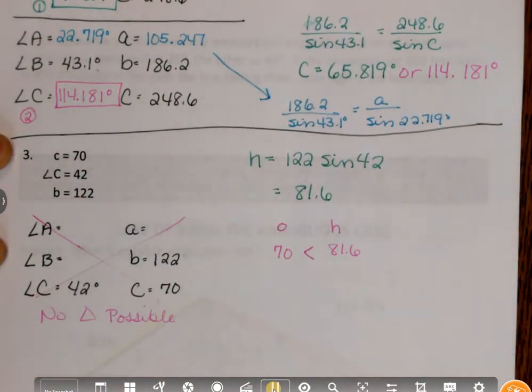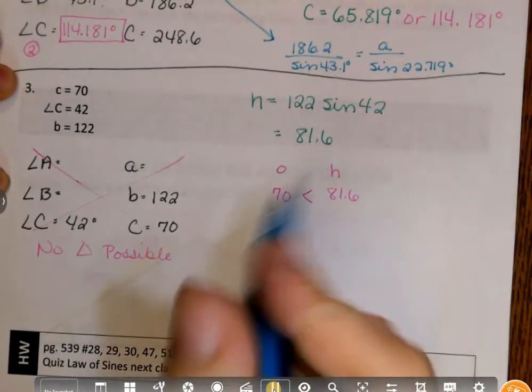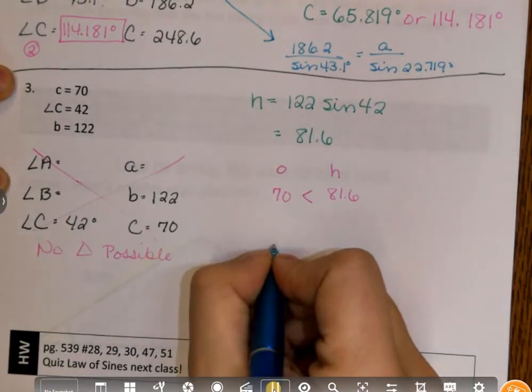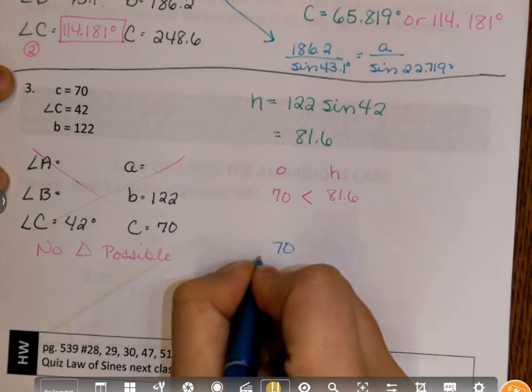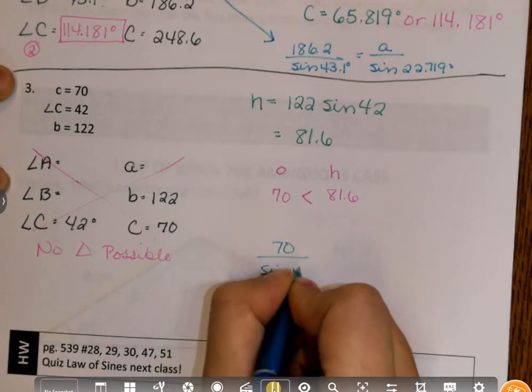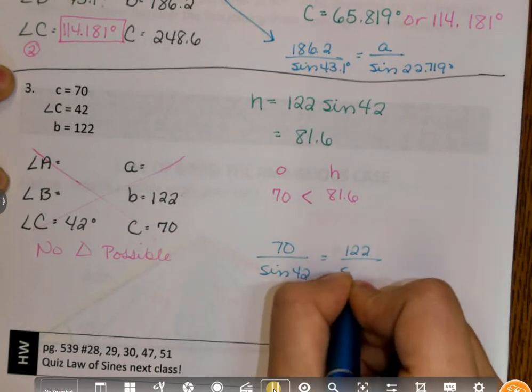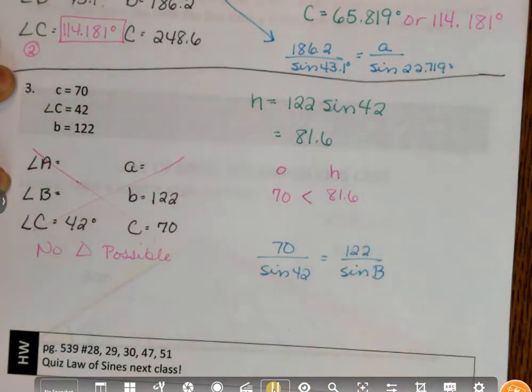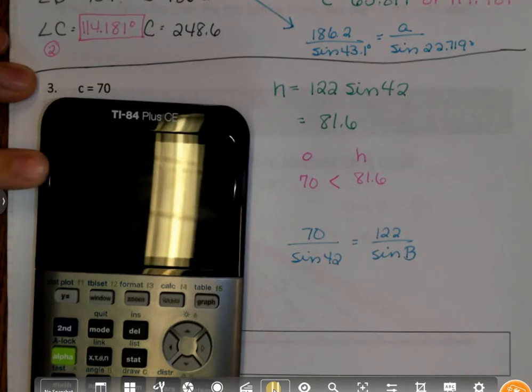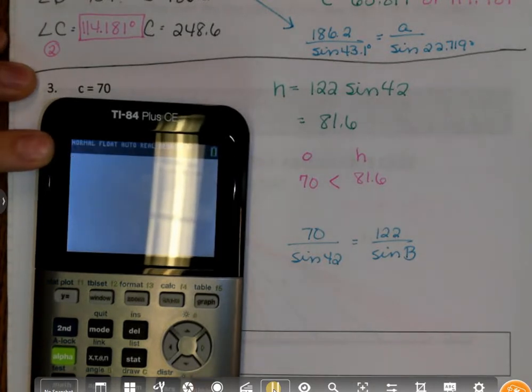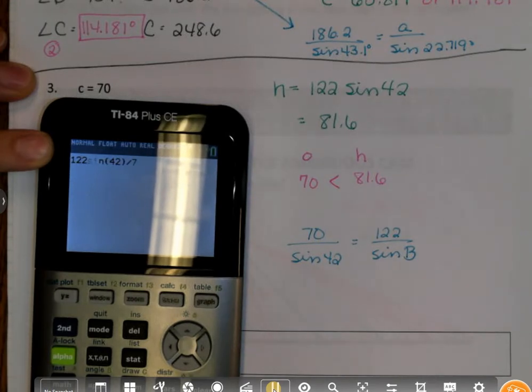And you know what? Even if you didn't notice that, could you have gotten the same answer? Absolutely, because you would have done 70 over the sine of 42 is 122 over the sine of b. And if you were to try to solve that, you would have done 122 times the sine of 42 divided by 70.